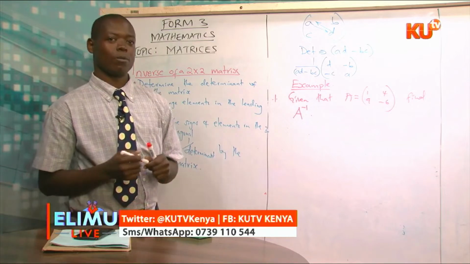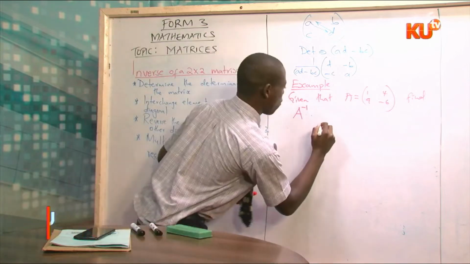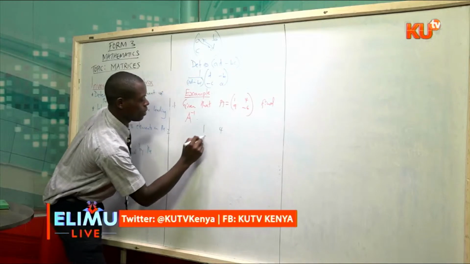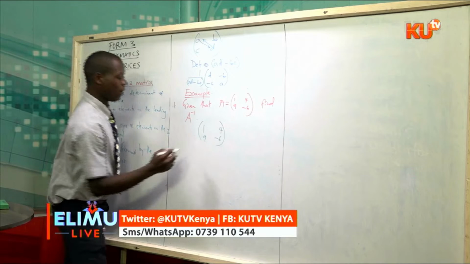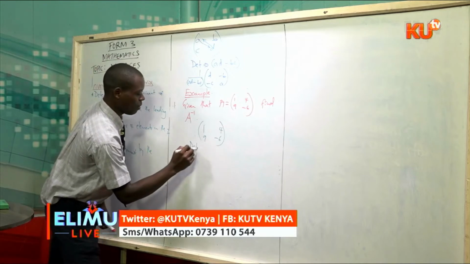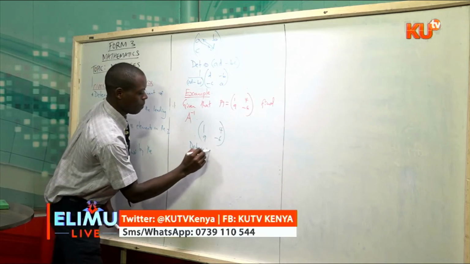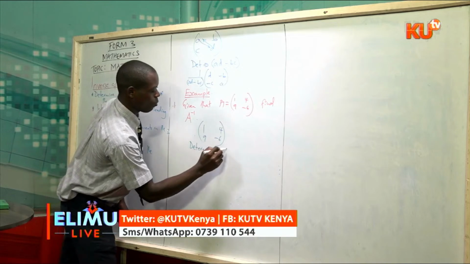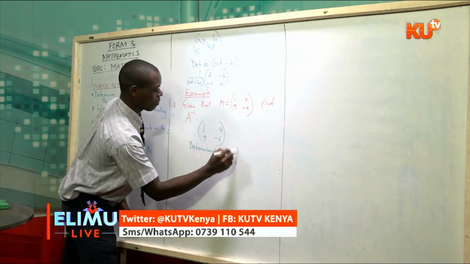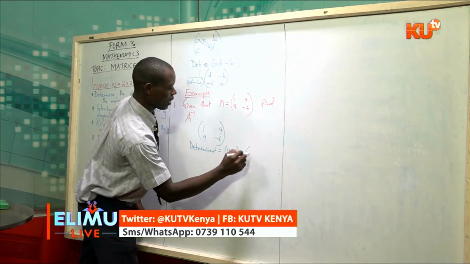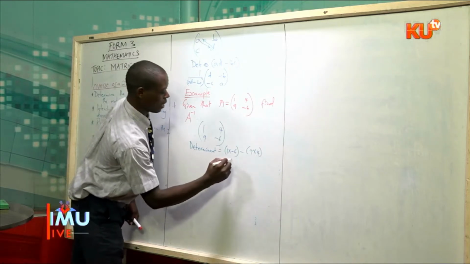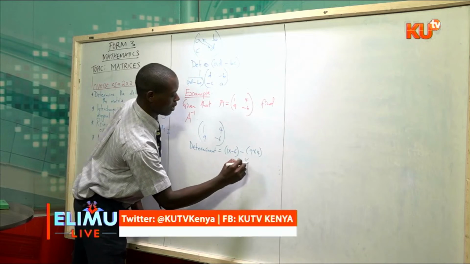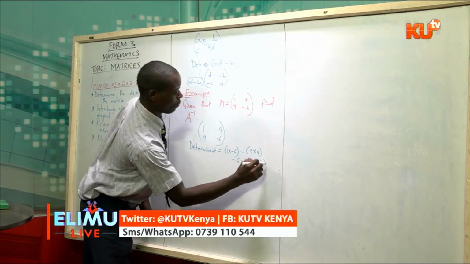Therefore, let's start off: 1, 4, 9, and negative 6. Our determinant will be equal to 1 times negative 6 minus 9 times 4. So this is negative 6 less 36, negative 42.